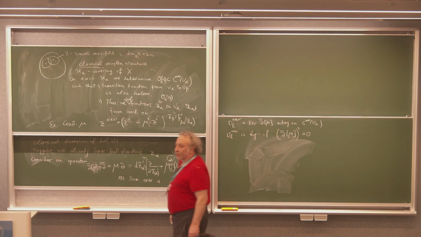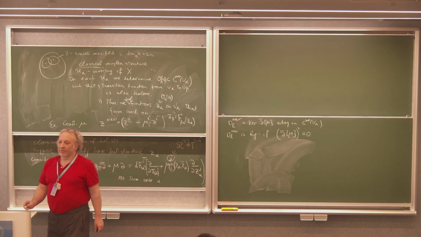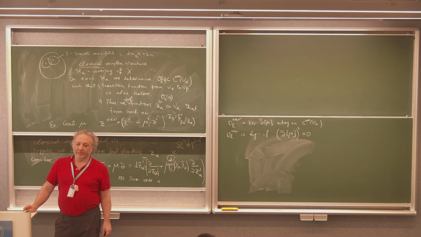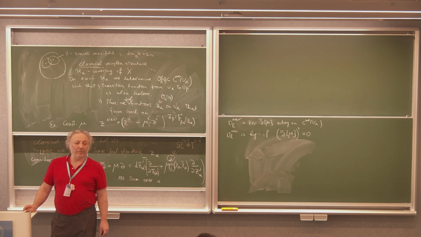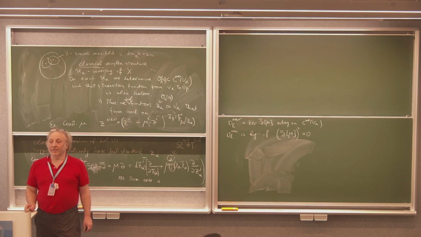If it doesn't square to 0, we have so-called Fredholm obstruction. We have consequences of differential equations.